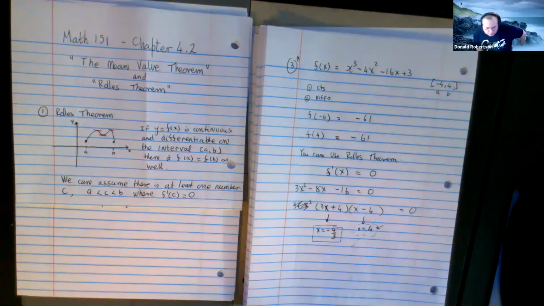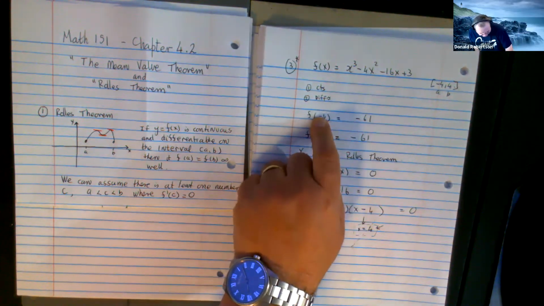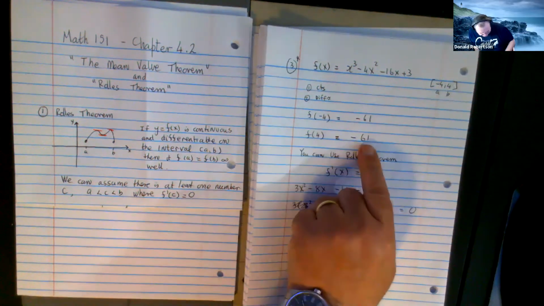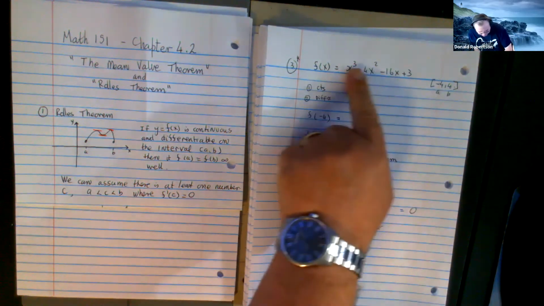So almost like you're not doing anything really. What you're getting is a function and you're finding out if you can differentiate and if it's continuous. And is the value of the function at the start of the interval the same number as the end? And if all of those things are true, then you can use Rolle's theorem. And Rolle's theorem says this function's derivative is 0 somewhere in that interval, right?